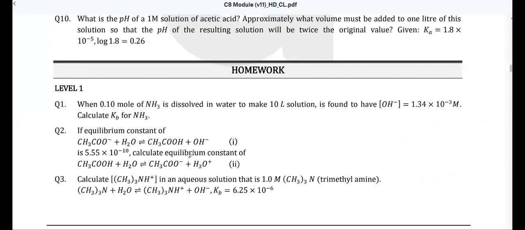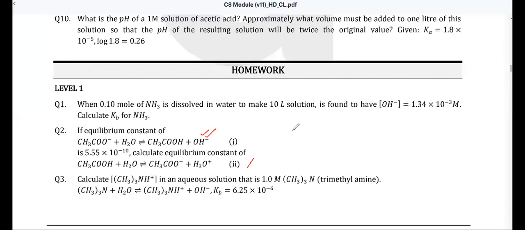Now question number 2 again. What is this? This is hydrolysis, yes or no? Now tell me, what is the answer of this one? It is very easy, it is just the reverse.